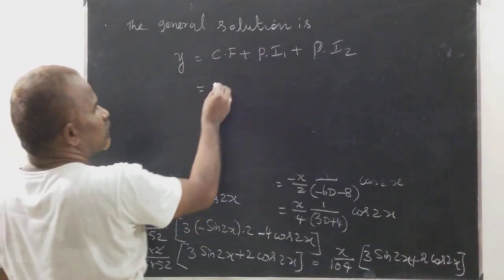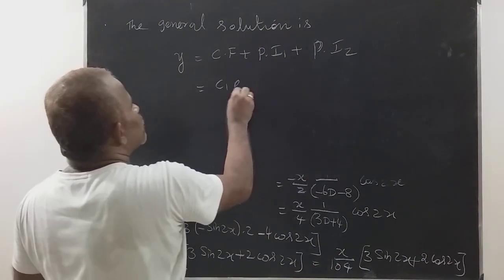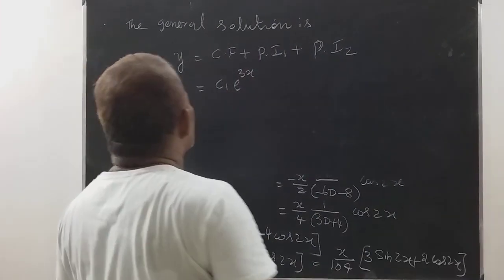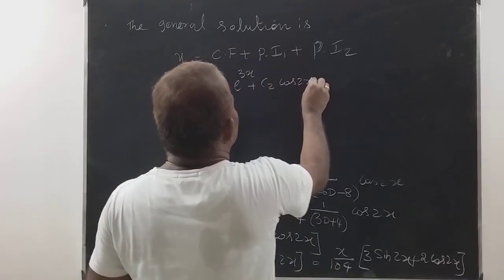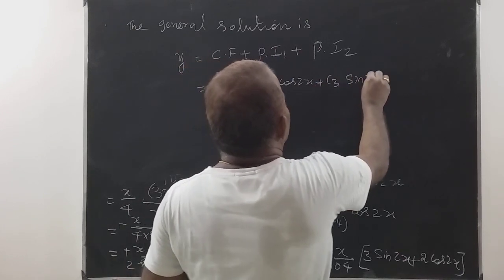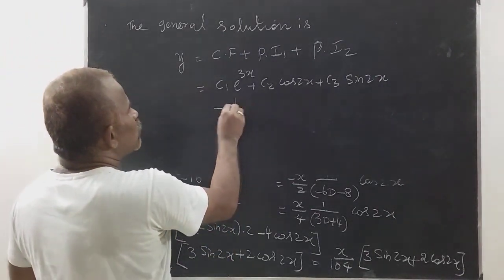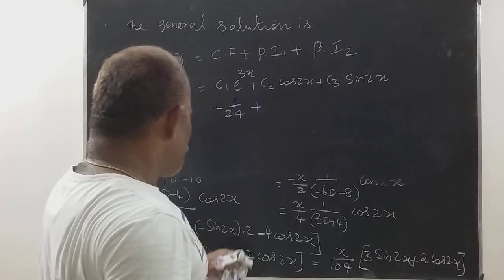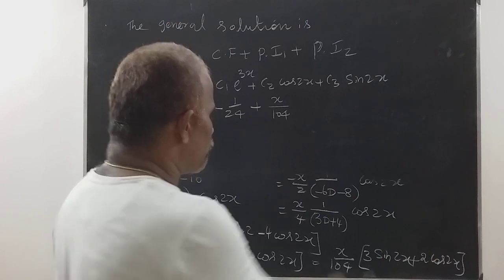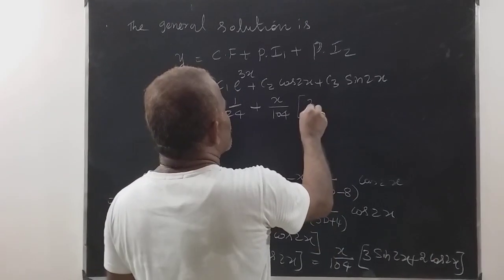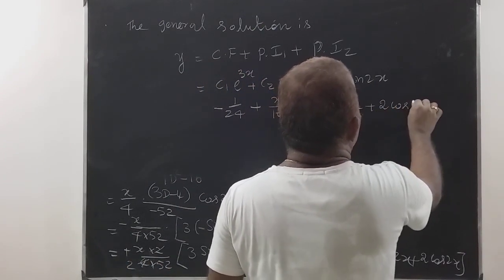So complementary function is equal to c1 into e power 3x plus c2 cos 2x plus c3 sin 2x, plus particular integral 1, which is minus 1 by 24, plus particular integral 2, which is x divided by 104 into 3 sin 2x plus 2 cos 2x.